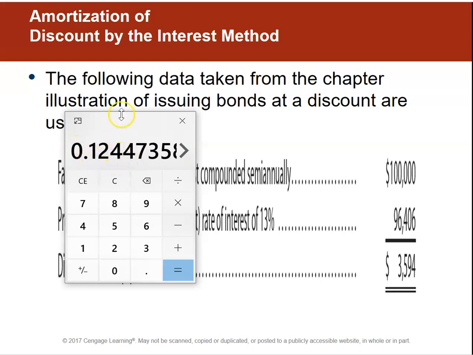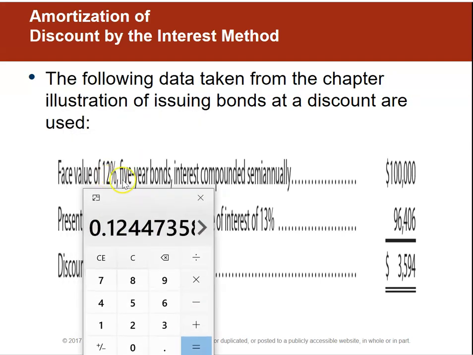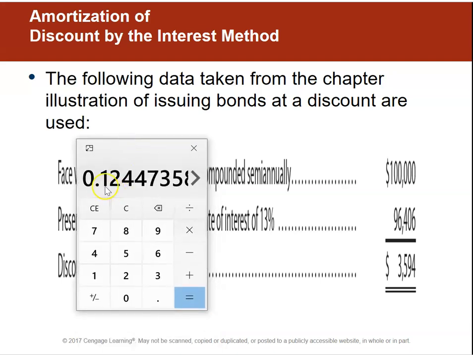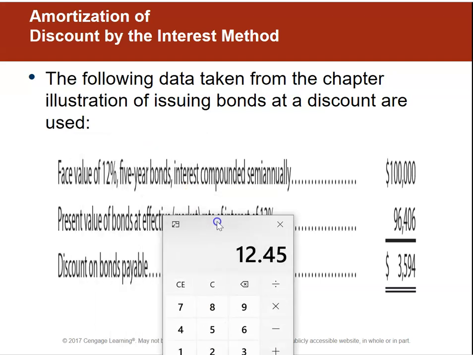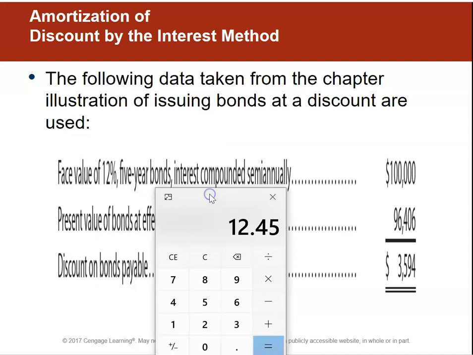We're effectively, instead of paying 12% interest, paying about 12.45% interest. And that's what it takes to make it worth the bondholders' while.